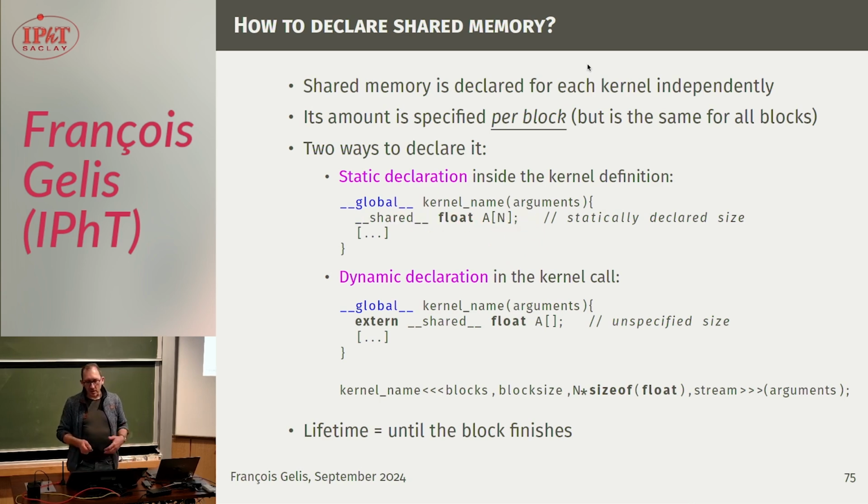This is used when the amount of shared memory is more dynamical, so it may vary from run to run or between different calls of this kernel. So here n doesn't have to be a constant, it could be another variable in your program.